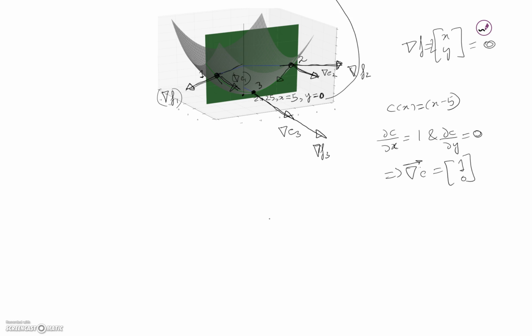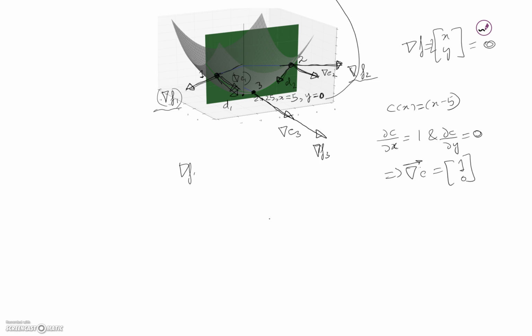So let's say over here we choose to move along the parabola, and by doing so we are perpendicular to the gradient of c, which means that we are not changing c. However, we are not perpendicular to the gradient of f. So let's call these directions that are going along the parabola at points 1 and 2, d1 and d2.